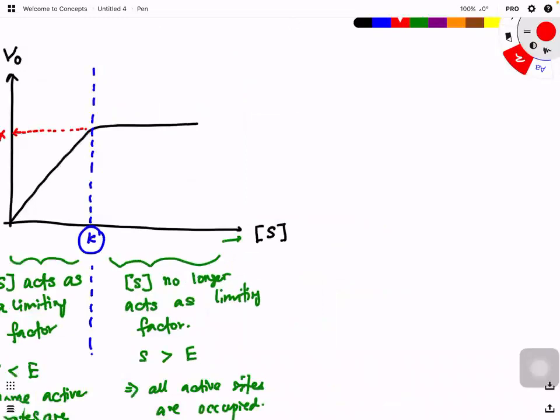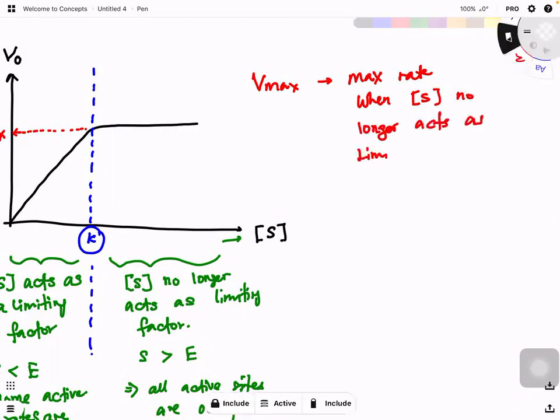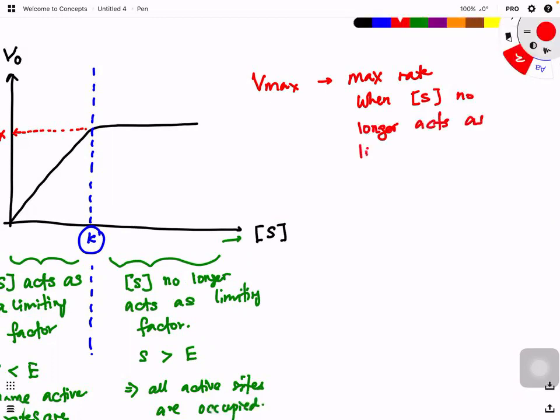So what is Vmax? Vmax basically is the maximum rate when substrate concentration no longer acts as a limiting factor. Are you clear?